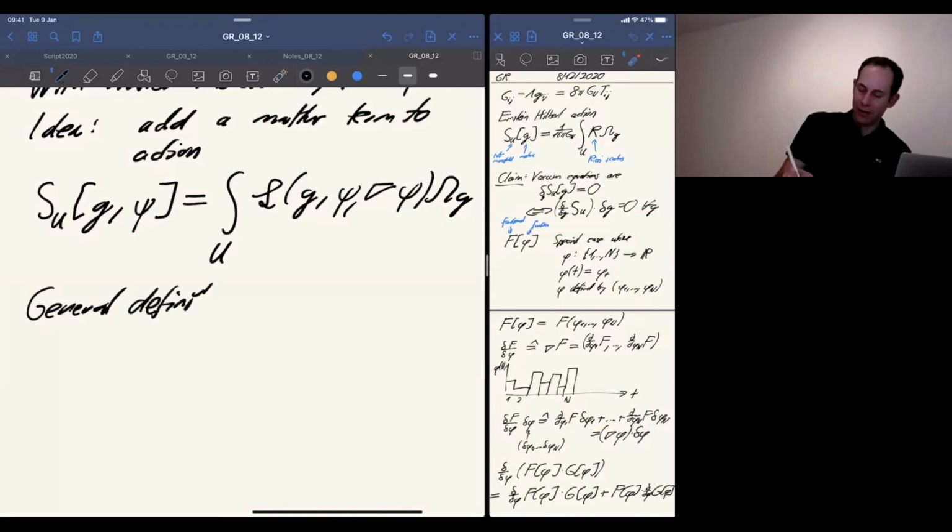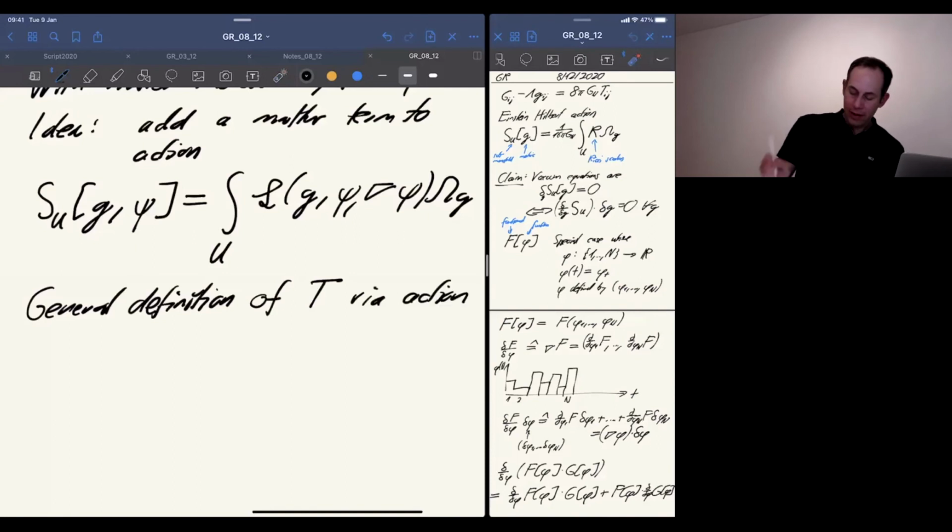What one can do is to define it in a general manner. So the general definition of the energy momentum tensor via action is the following.